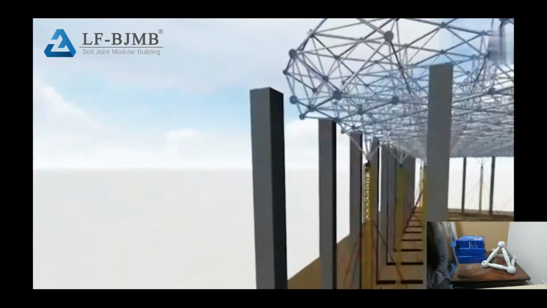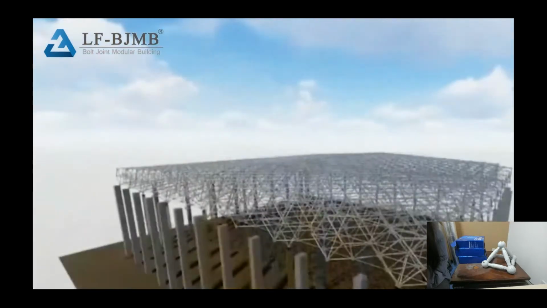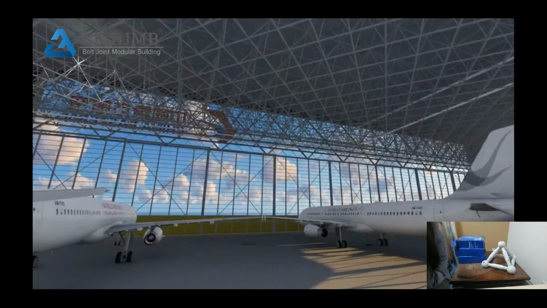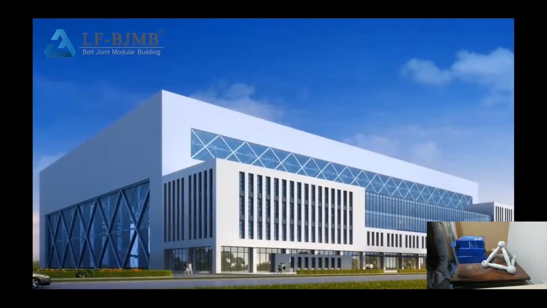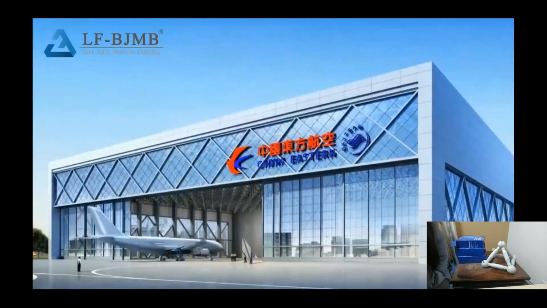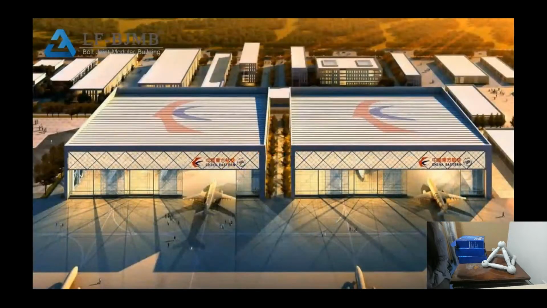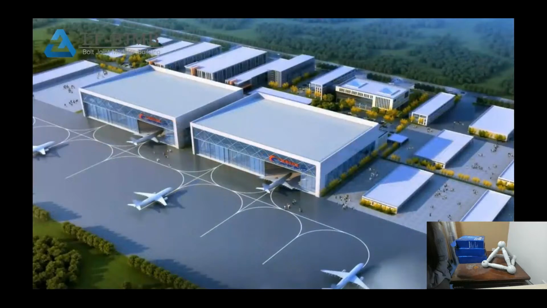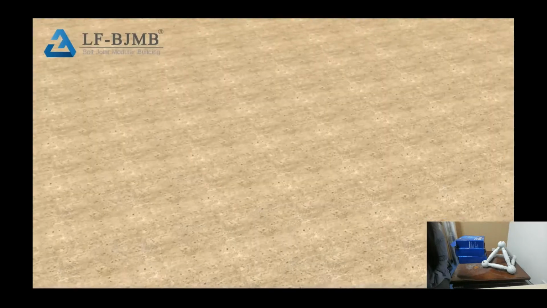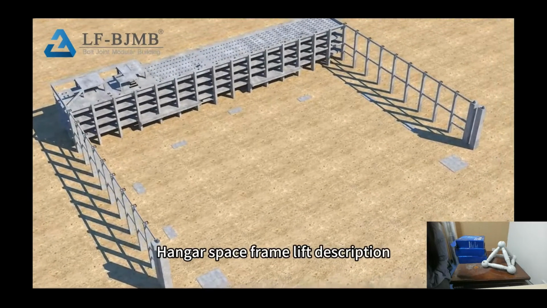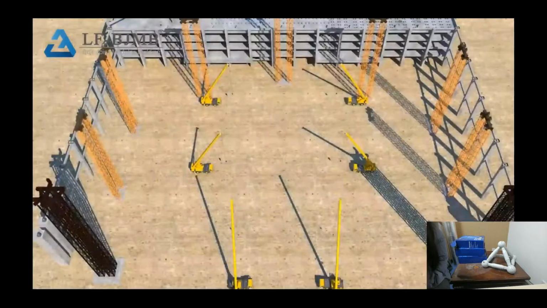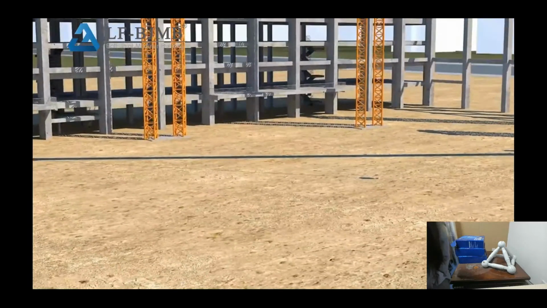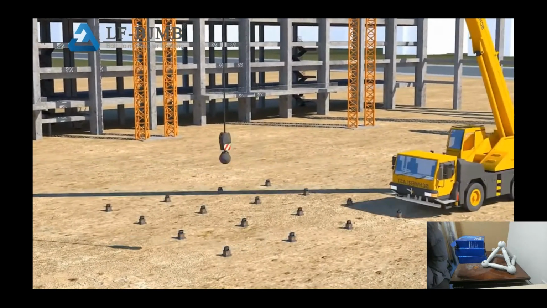Point of observation. HANA space frame lift description. Ground space frame assembly steps.